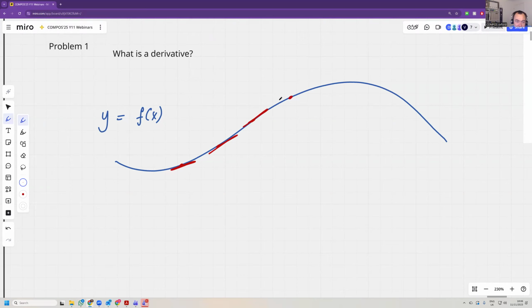If you draw a tangent line at any point, what I'm trying to say is that the derivative is the gradient of f of x at a point.